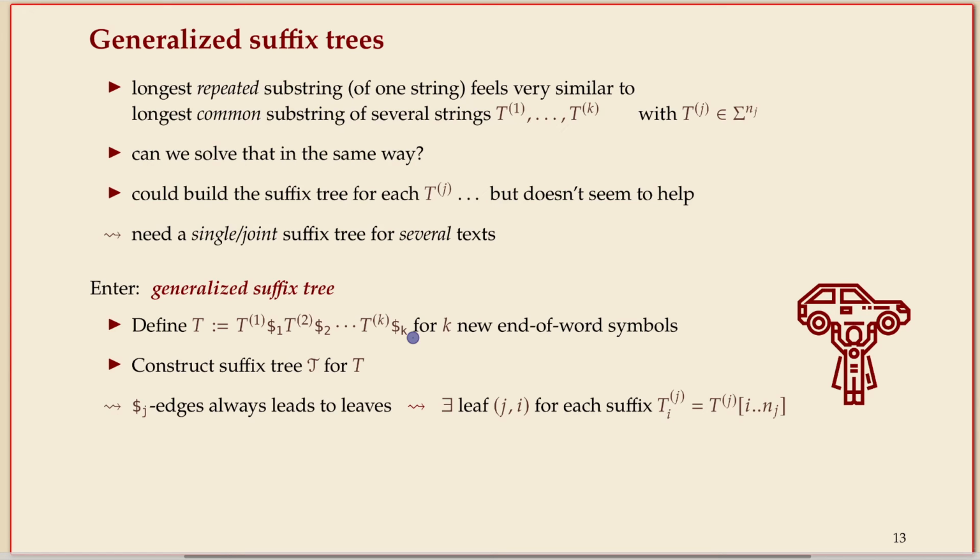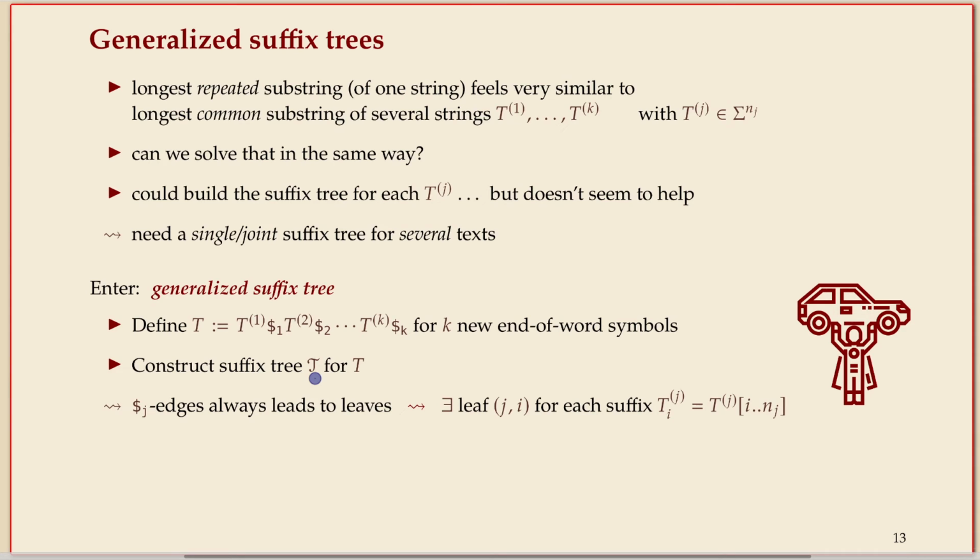So we create k new characters so that this $i tells you which of the substrings ends there. So at the expense of k new end-of-word symbols, we can construct a single text and can construct the single suffix tree for this concatenation of texts. And that's it. That's called the generalized suffix tree.